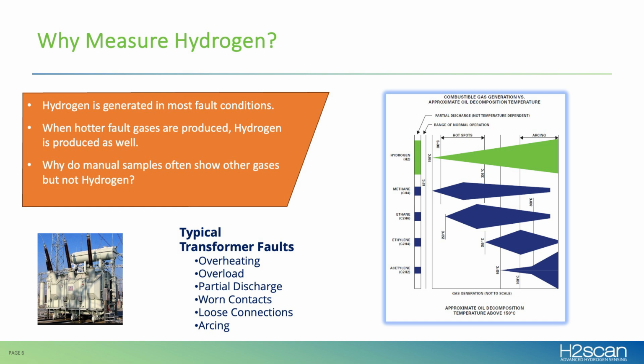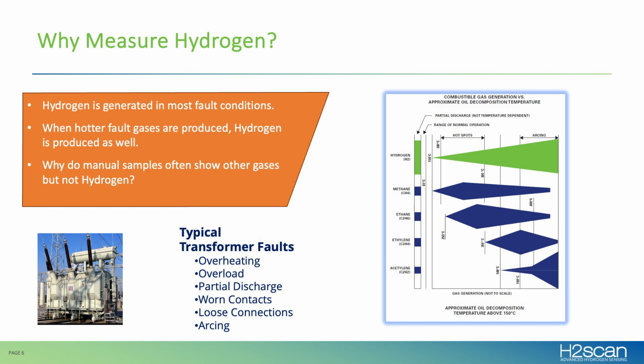Something is getting above 150 degrees C, and you need to pay attention to that. And so sometimes that's a temporary fault, sometimes it's a continuous fault, and it may be indicating an imminent failure. So you really want to watch the rate of change of the gassing and the trend of your gassing in your transformer. So we'll look at some of those a little bit later on.